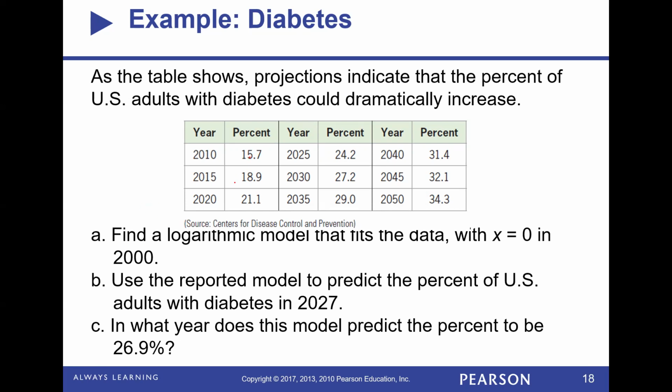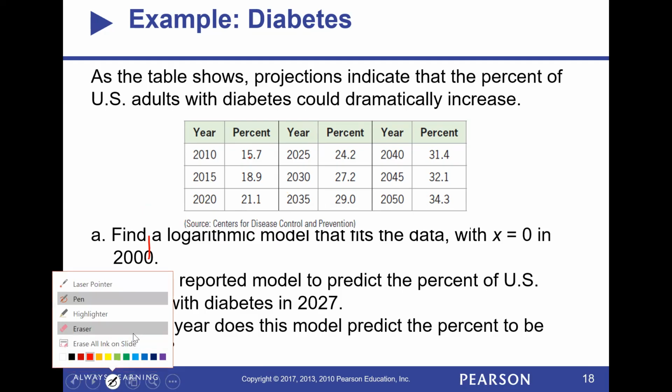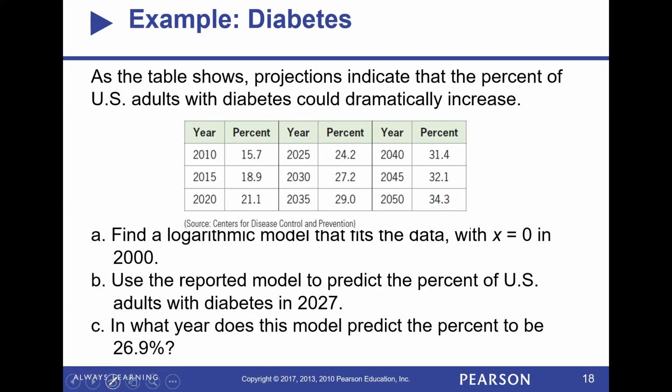As I start to plug stuff in, one of the things I want to look for in the problem itself is, somewhere in the problem, it's always going to give you X is the number of years since such and such. Because when we use years in list 1, we don't like to actually plug in 2010. We would like to make adjustments to that.